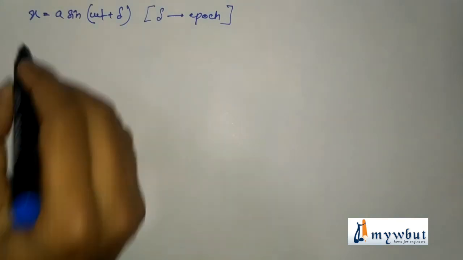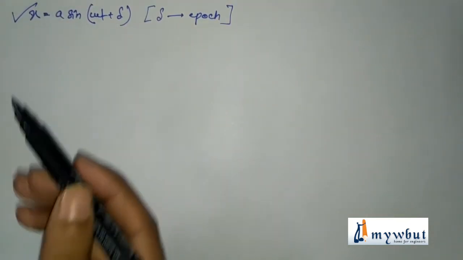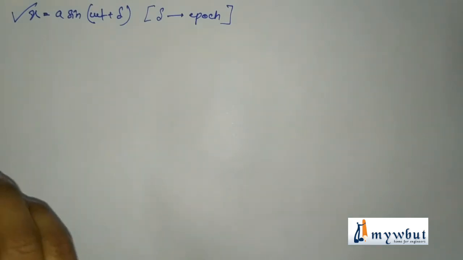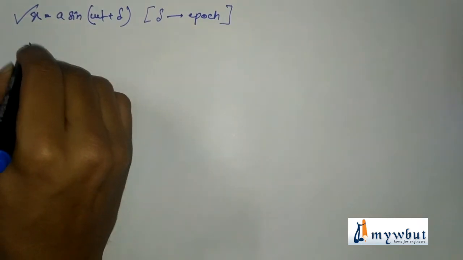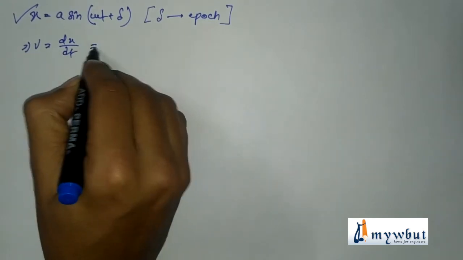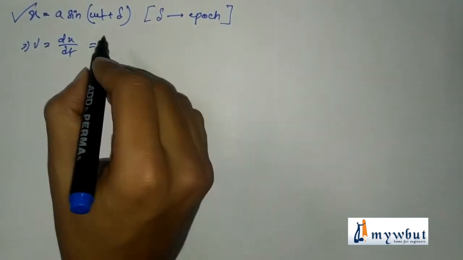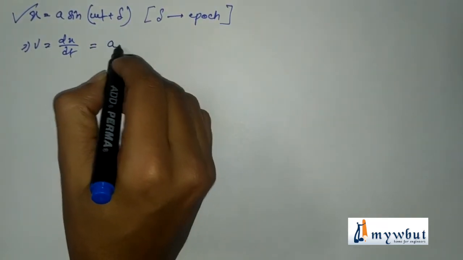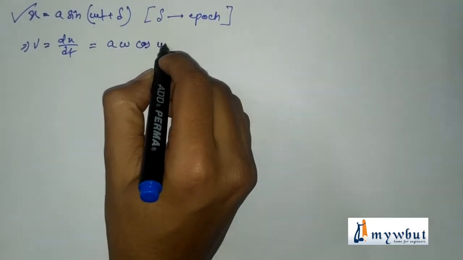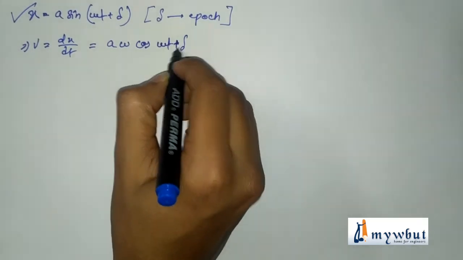This is the equation of displacement, and differentiating displacement once gives the equation of velocity. So v is equal to dx/dt, and if we differentiate this, we get a omega cos of omega t plus delta.